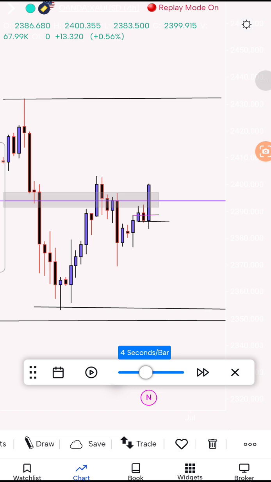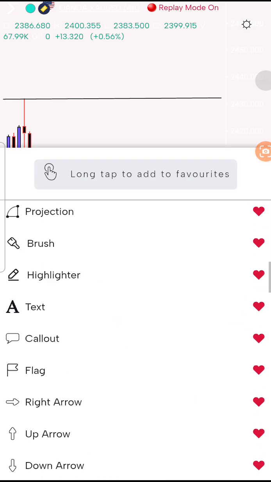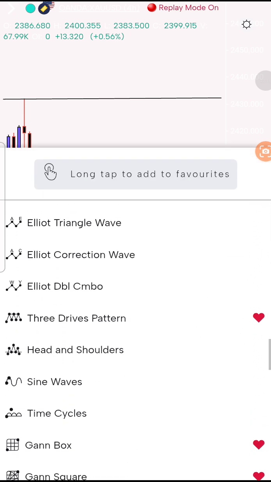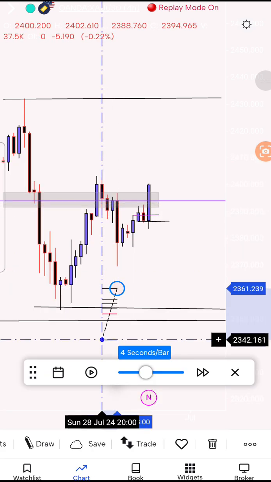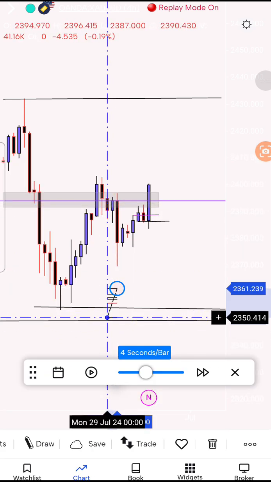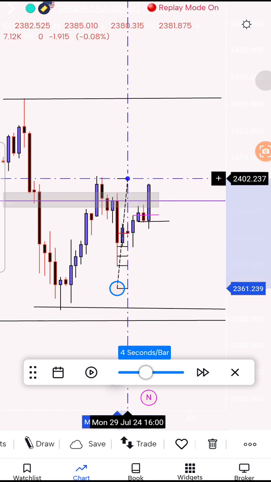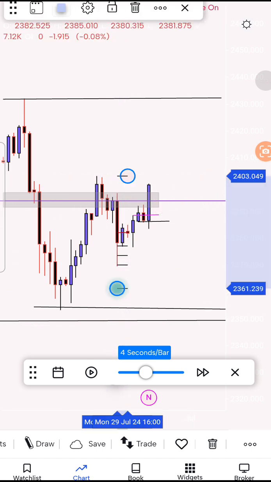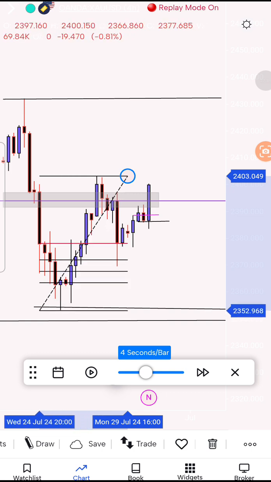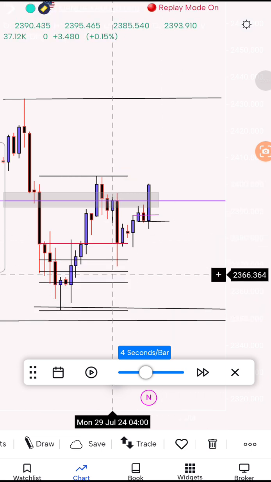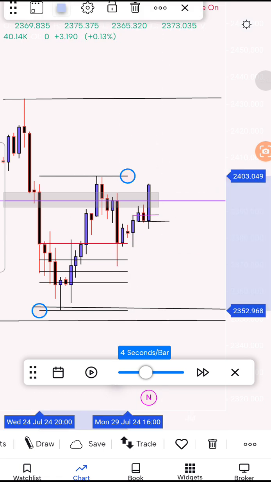And with that, we can notice the market had dropped, right? The market had dropped. If we use our fib tool, from the low to the high, the market dropped all the way to discount, from which we pushed higher.